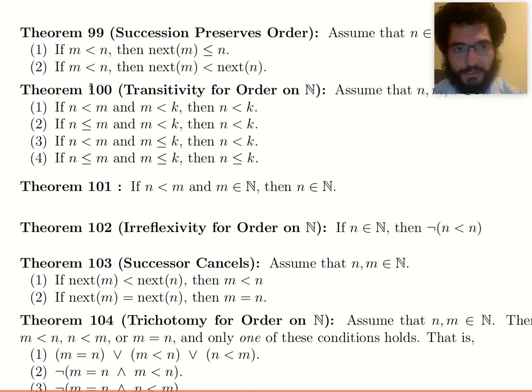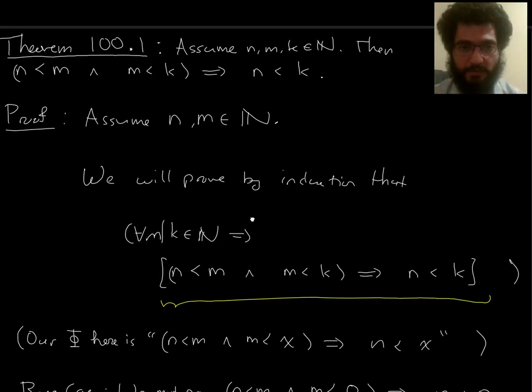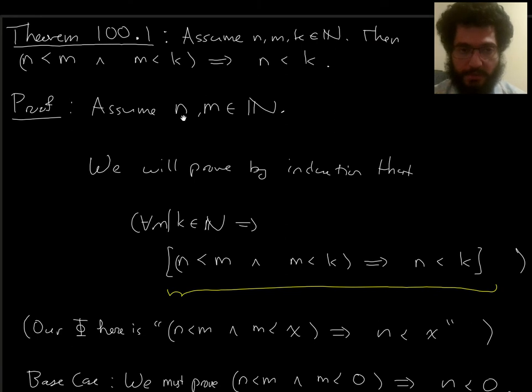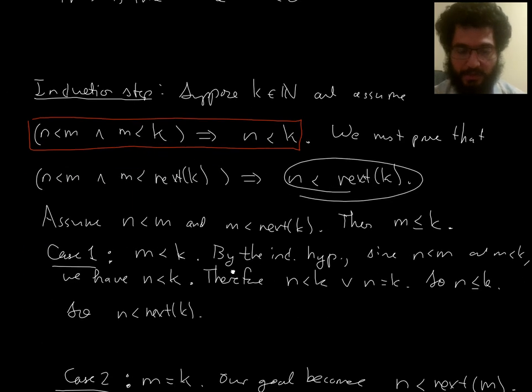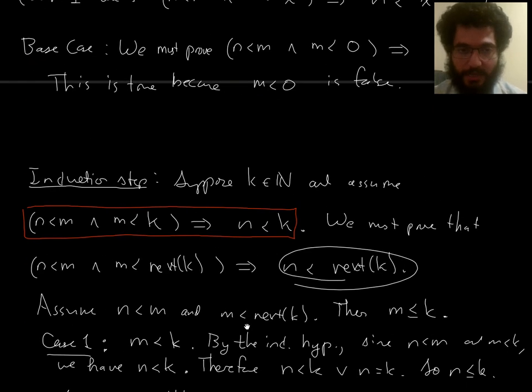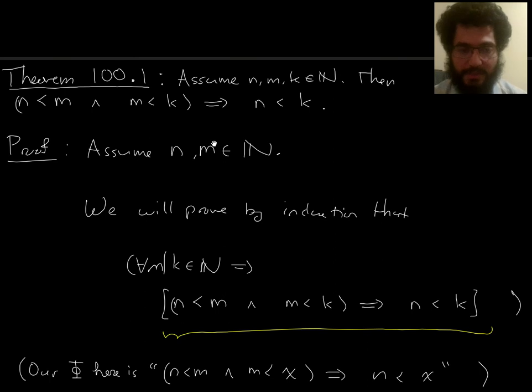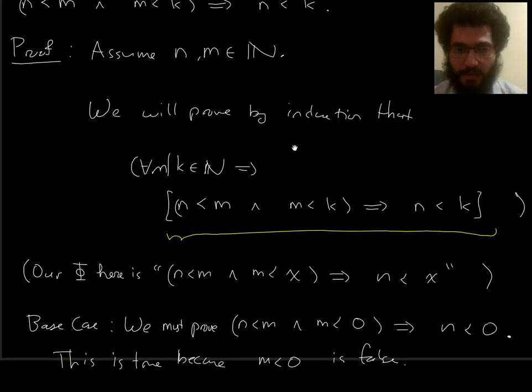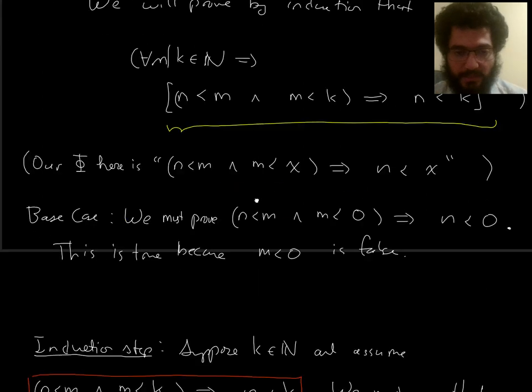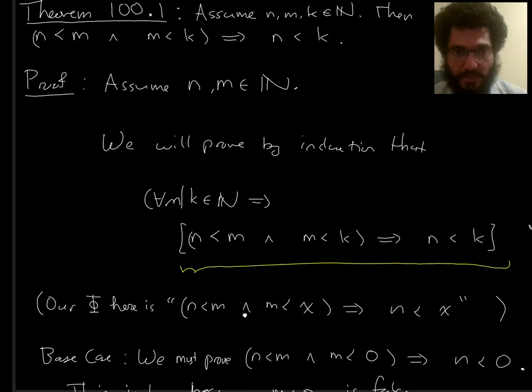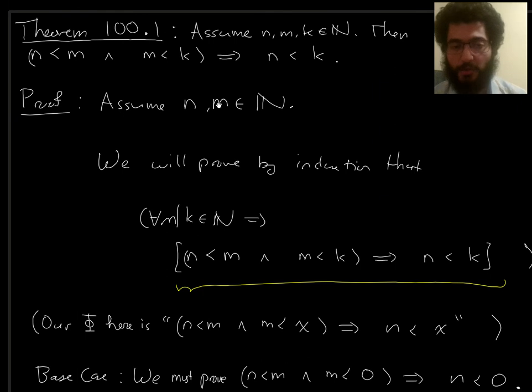So you may have noticed when we were proving theorem 100.1 that we never really used the fact that n and m are natural numbers anywhere in the proof. That never actually came up. It never mattered that we made this assumption. That's because we were doing an induction on k, and throughout, k was assumed to be a natural number. So it seems all of this stuff would have worked even if we did not assume n and m are natural numbers.